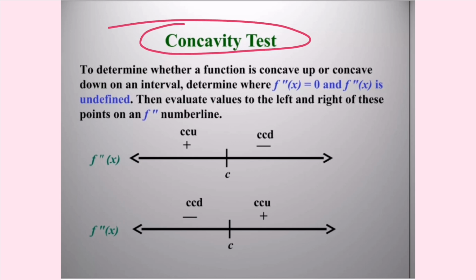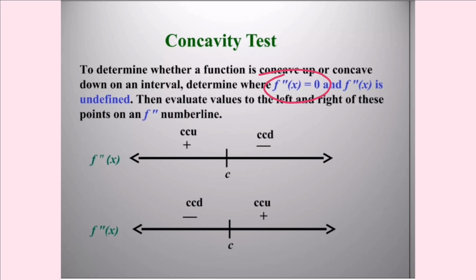Now further, concavity test. To determine whether a function is concave up or concave down on an interval, determine where the second derivative is equal to 0 or the second derivative is undefined. Then evaluate values to the left and right of the point on the second derivative number line.